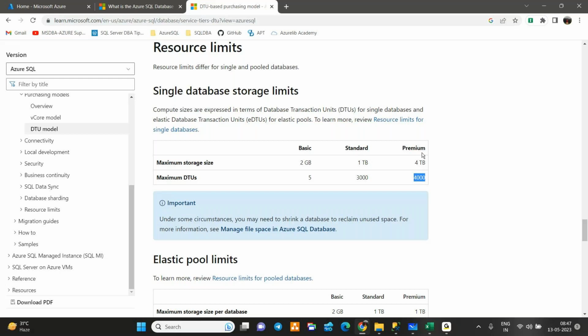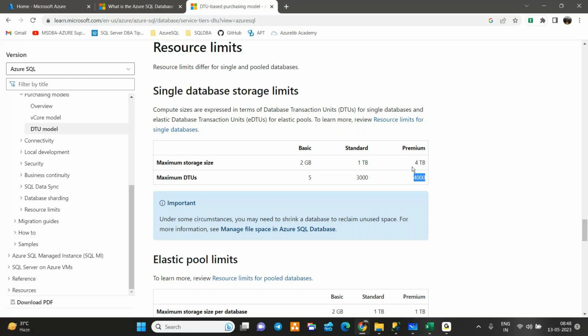You may ask one question: Subbu sir, if my database is greater than 4 terabytes, what can I do? Then you can't choose the DTU purchasing model, because your database size is a maximum of 4 TB. You can't grow more than 4 TB.